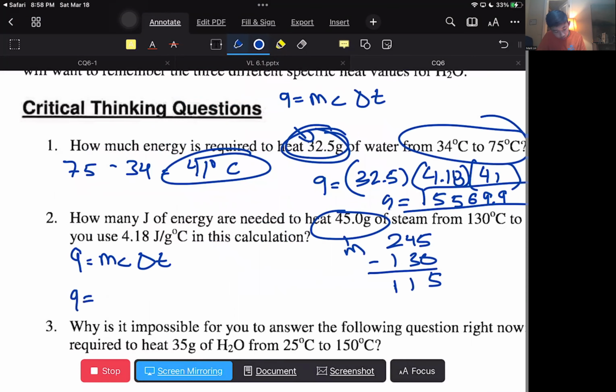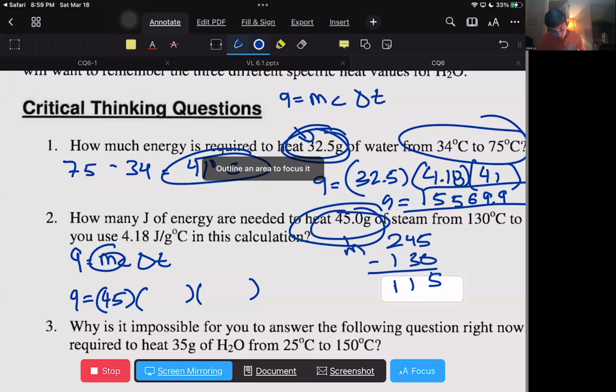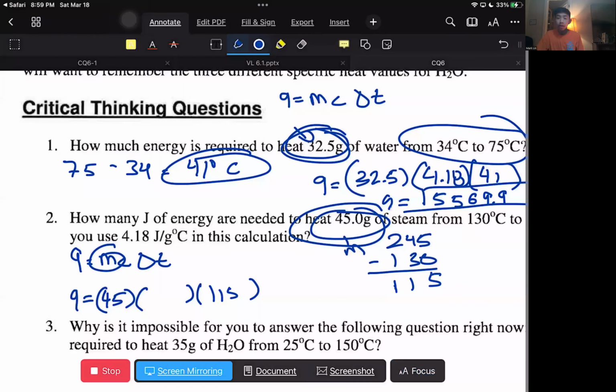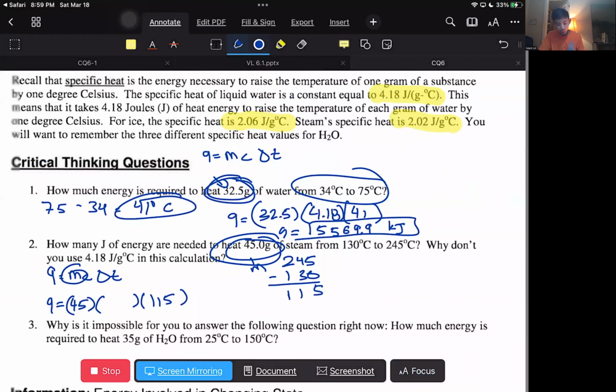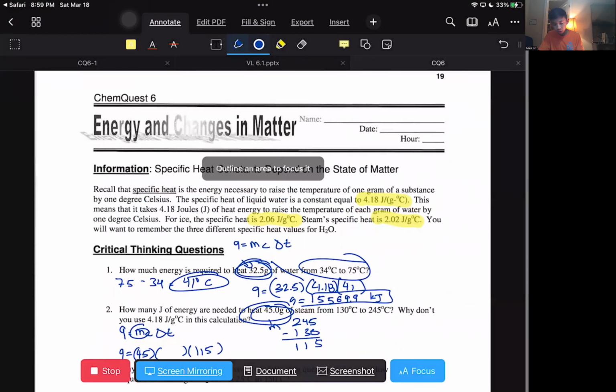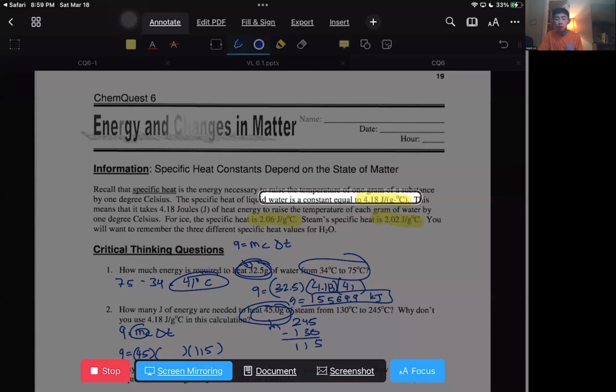Plugging everything in, we need to find Q. Q equals the mass, 45 grams, and the temperature change is 115. We'll get back to C in a bit. In the previous question, we used 4.18 because it asked for water, and the specific heat for water is 4.18.